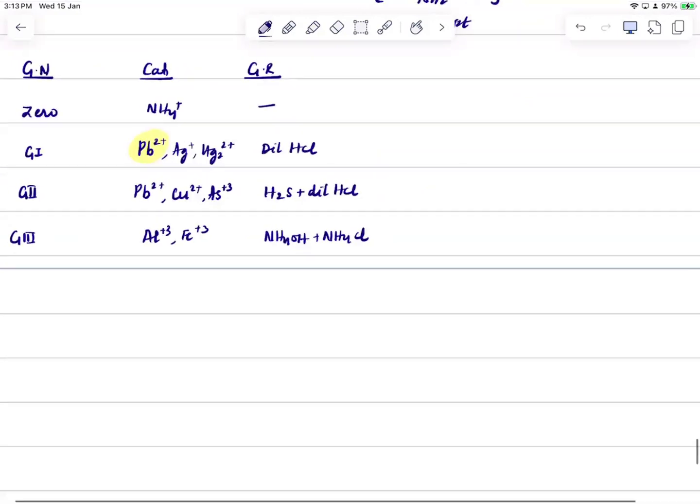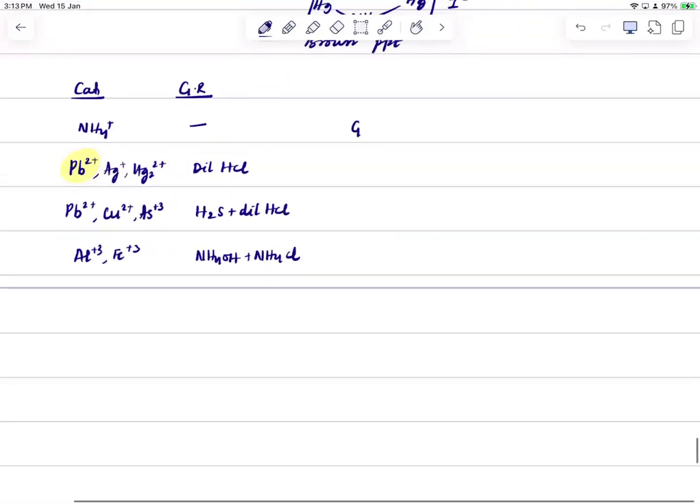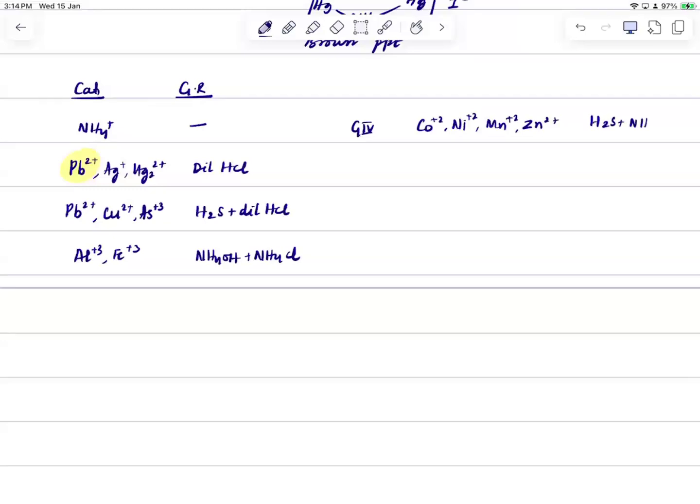Similarly, if you notice, in group 4 we have cobalt 2+, nickel 2+, and Mn2+ and Zn2+. Here the reagent is H2S plus NH4OH.